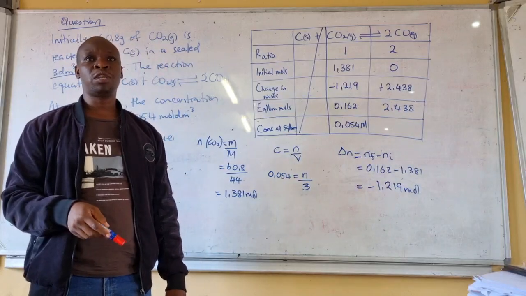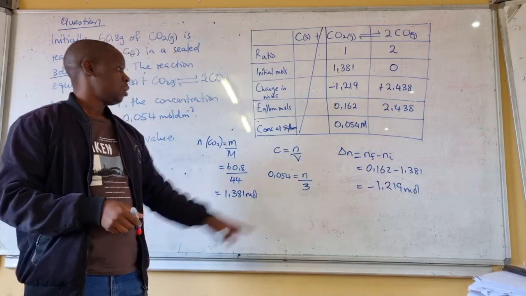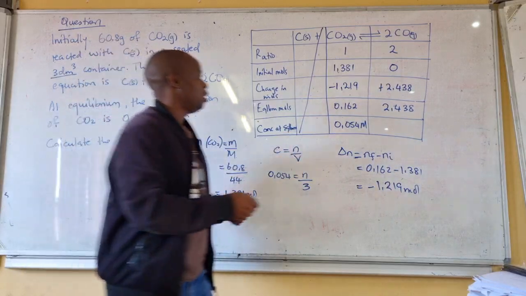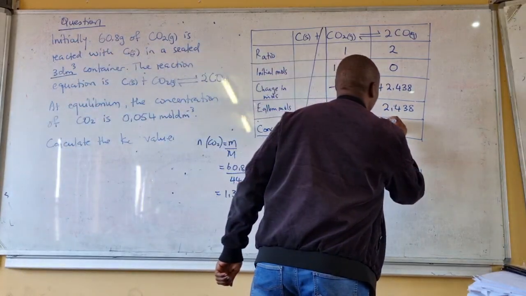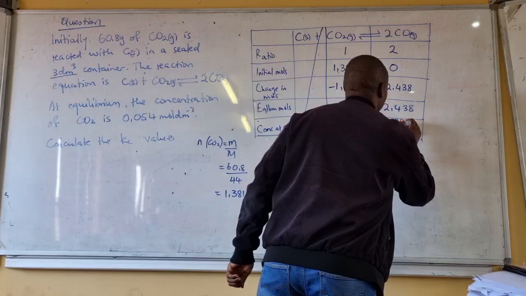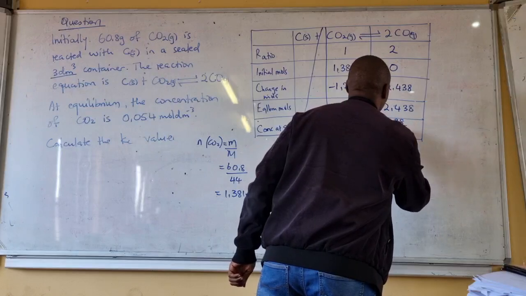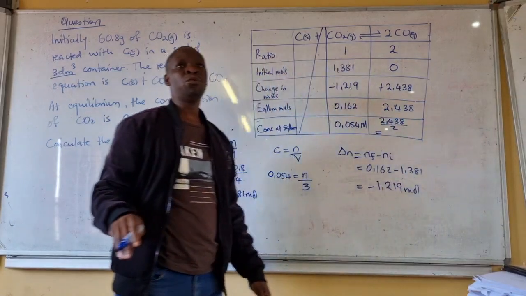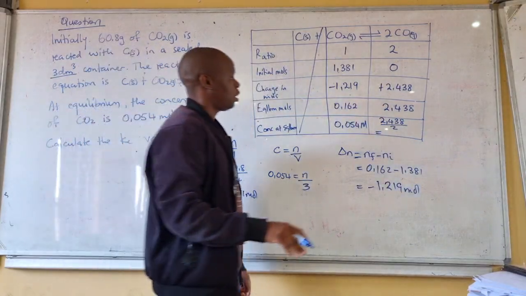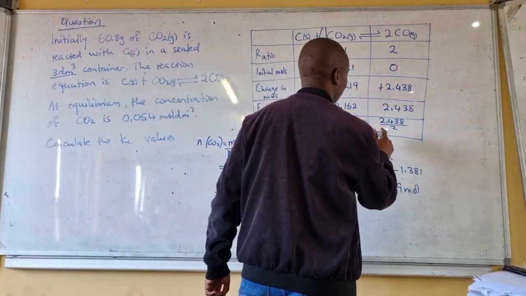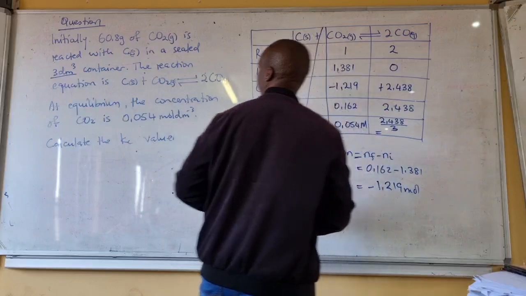How do we get the concentration? Number of moles over the volume. So it's going to be 2.438 divided by 2, which simplifies to, where is the 3? Oh, thank you. The volume is 3.